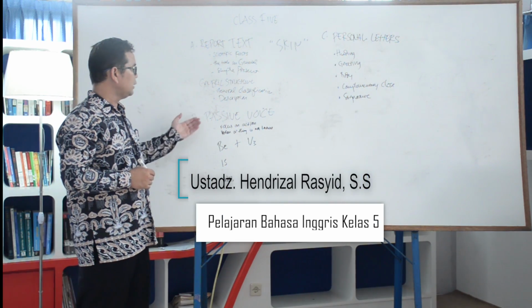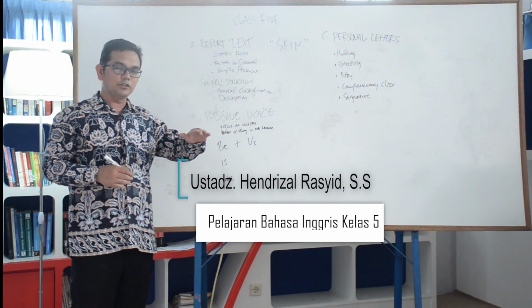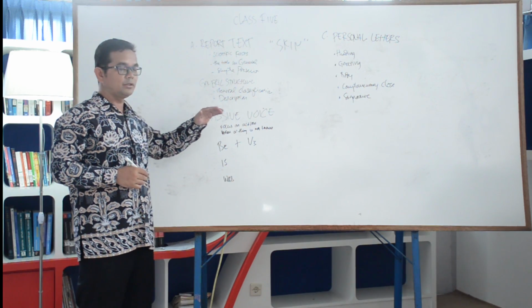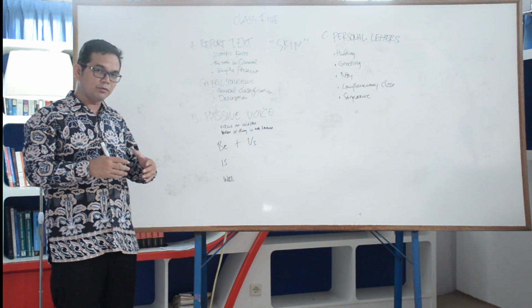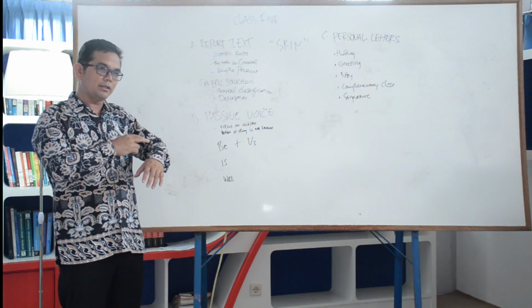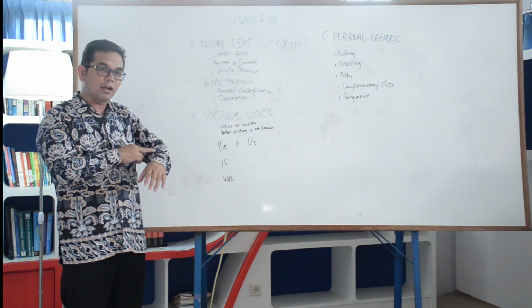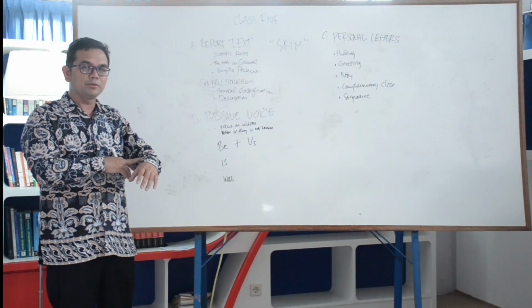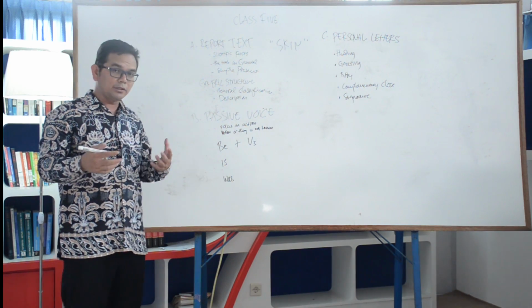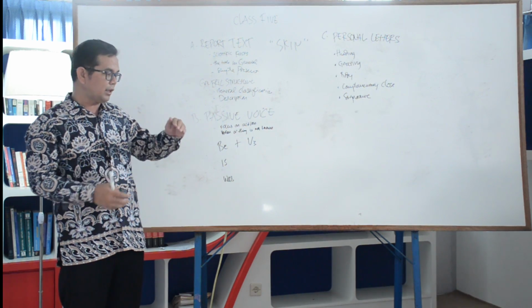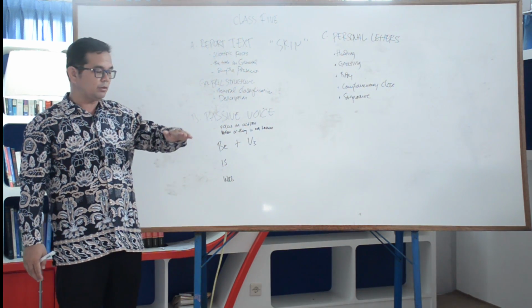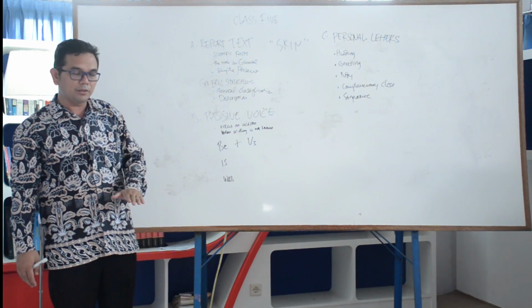And then we step to the second generic structure, which is the description. For example, the skin consists of 3 layers. The first is epidermis, the second is dermis, and the third is hypodermis. This is the description about the skin. After that, you explain what epidermis, dermis, and hypodermis are.